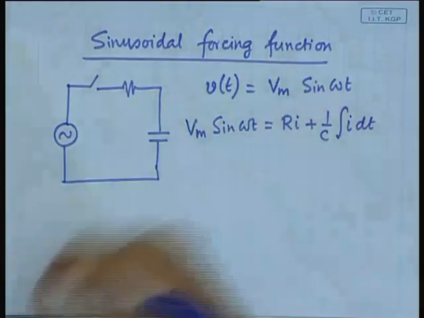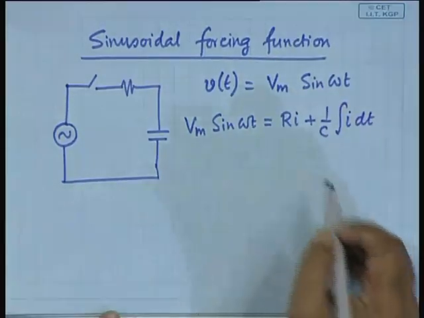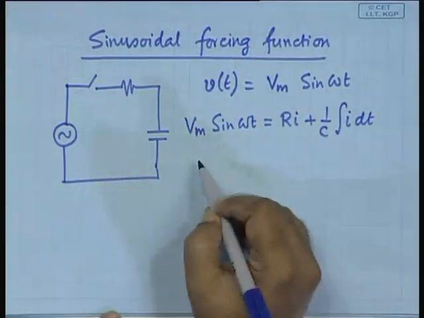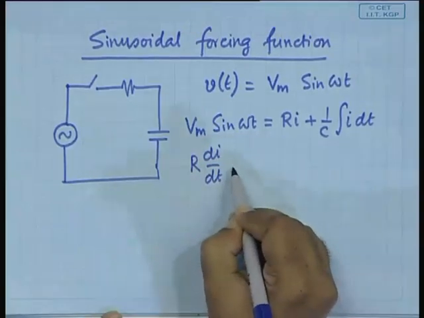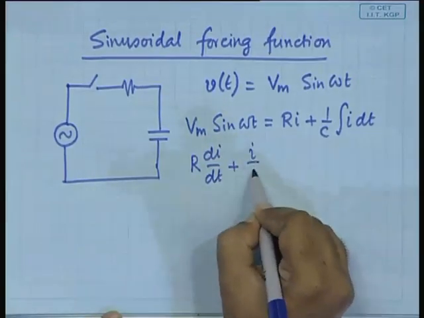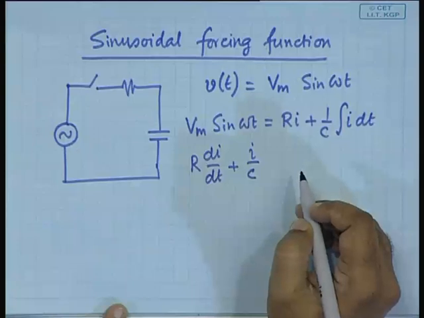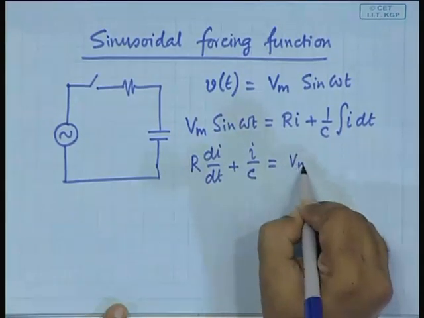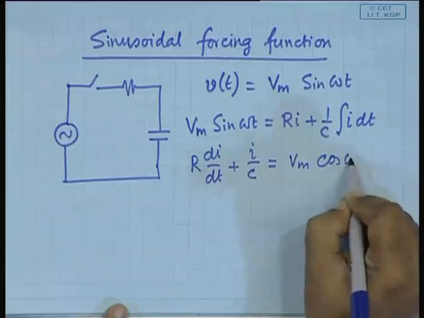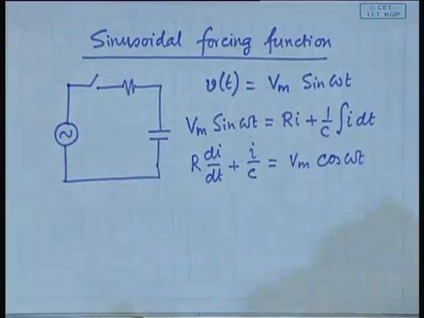This is uncomfortable, so let us differentiate. Let us write this on the left hand side. You have R di/dt plus I by C is equal to V m cos omega t, with omega coming in when you differentiate.